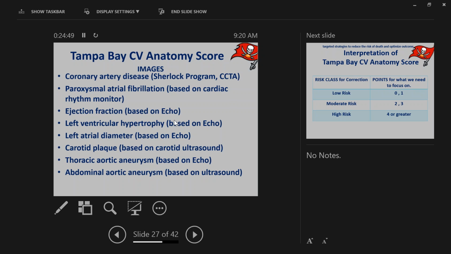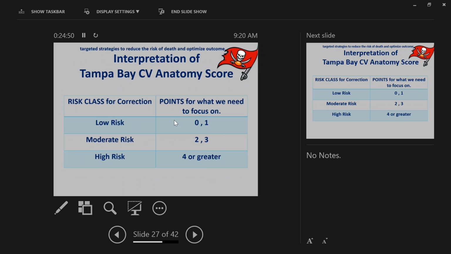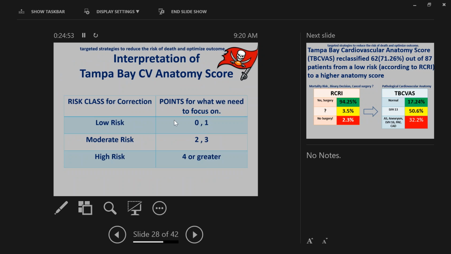Abdominal aortic aneurysms, what we see on the ultrasound. So let's look and see.